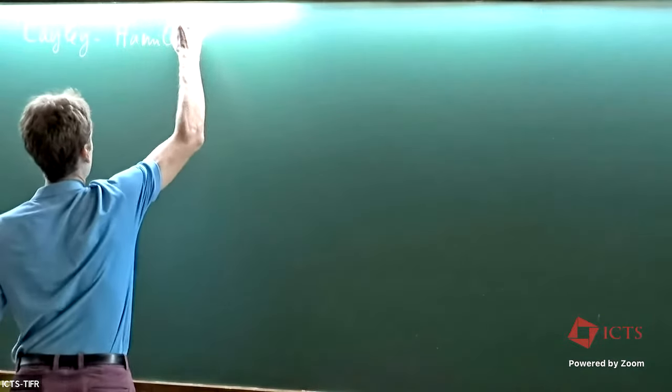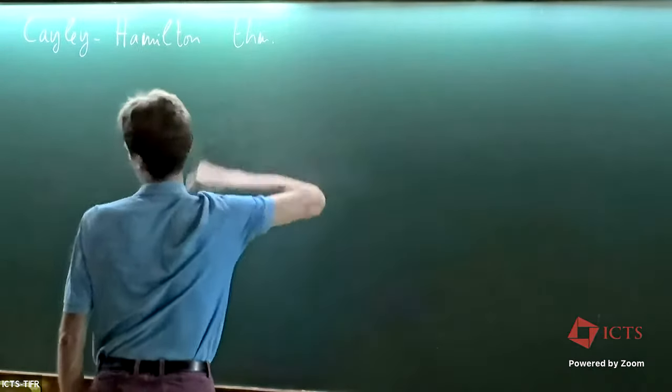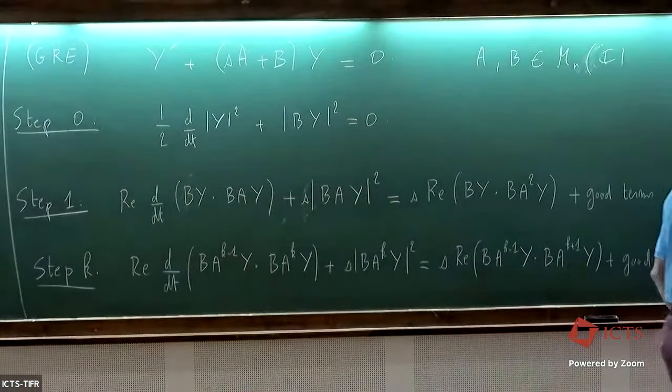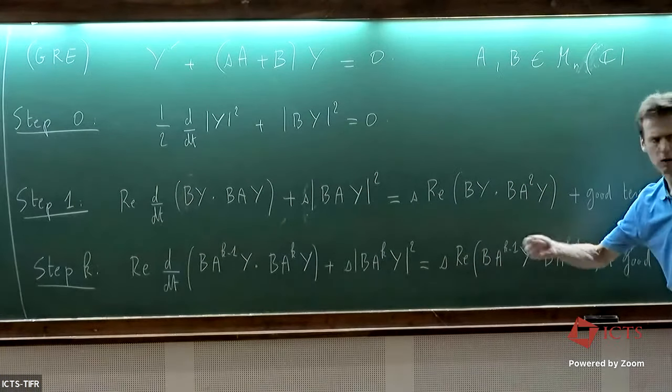It's just linear algebra, actually. You have to remember that all these objects are matrices of dimension n. So you are sure that you can express A to the n in terms of lower powers.